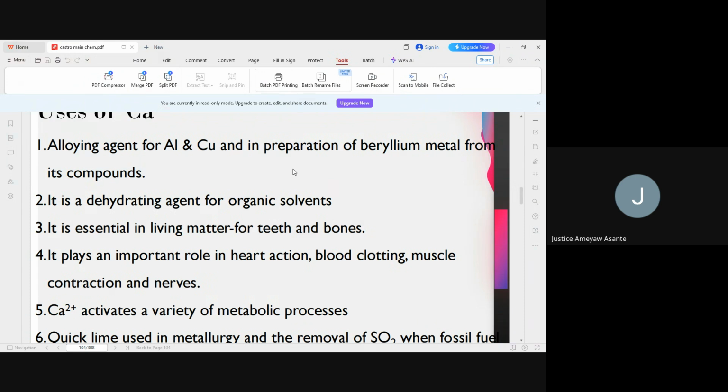But when you say dehydrating, you can dehydrate and that compound could be liquid. Is that okay?